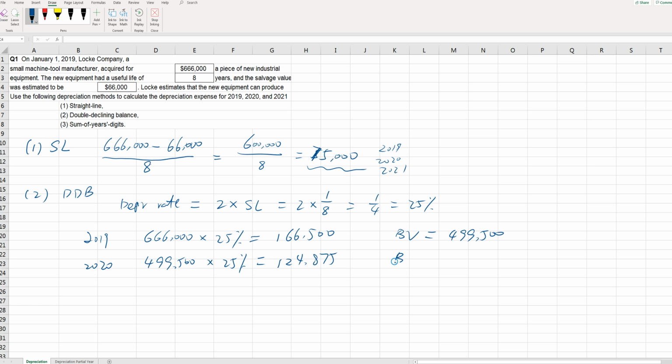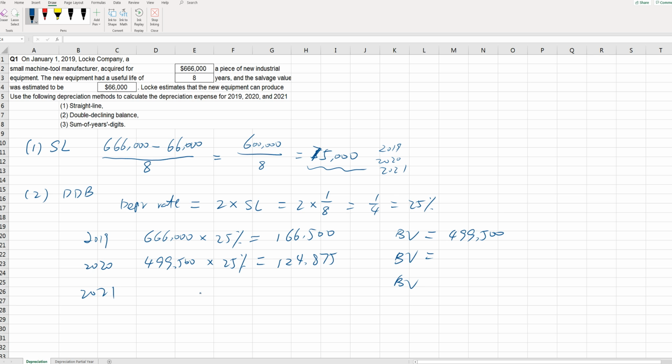Then we get another book value, and so on, until we finish all 3 years under DDB. But be careful: the book value at any year cannot be lower than its residual value. Otherwise, we convert to the straight line method.